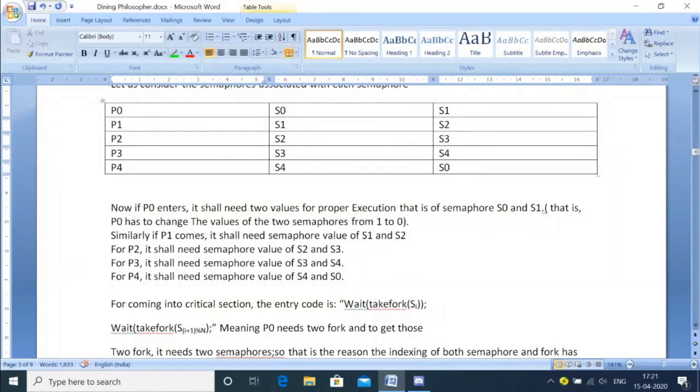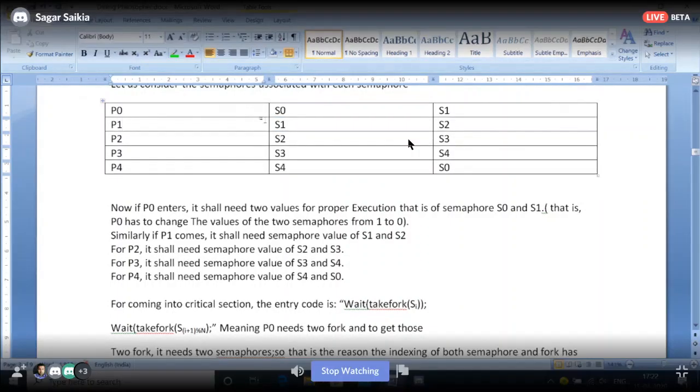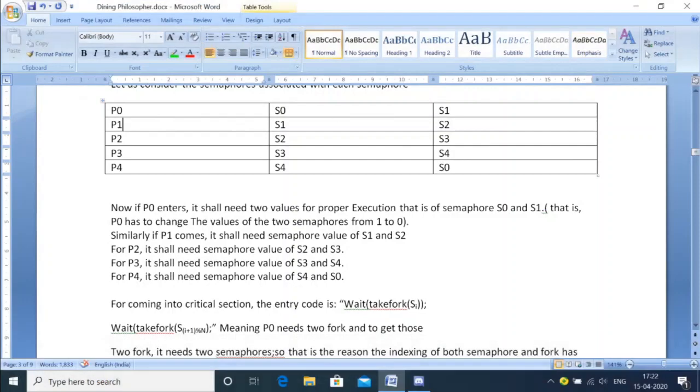If the semaphore values have changed, it will send a notification to the other processes that you cannot take the fork. Let's say P1 requests S1, because P1 needs S1. But if P0 has set the value of S1 from 1 to 0, then what notification will be sent to P1? If it tries to access S1, or fork 1, it will say that no, I cannot take.